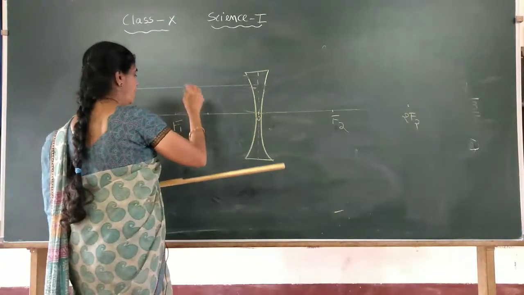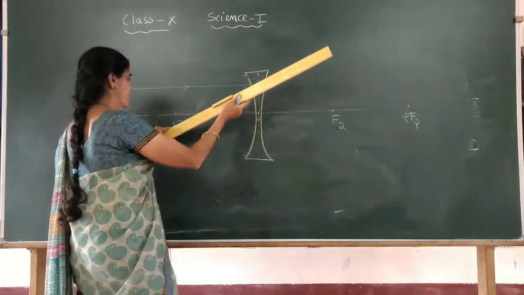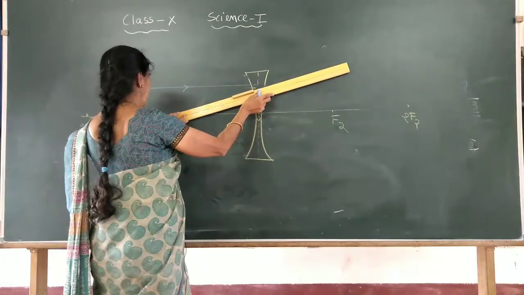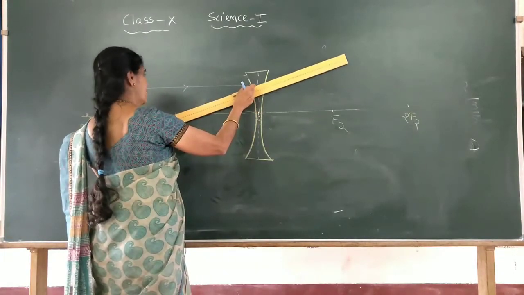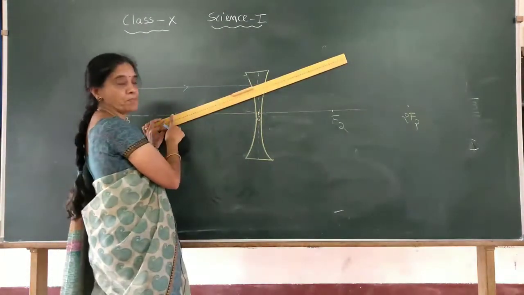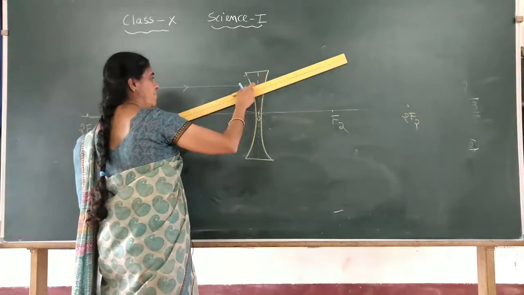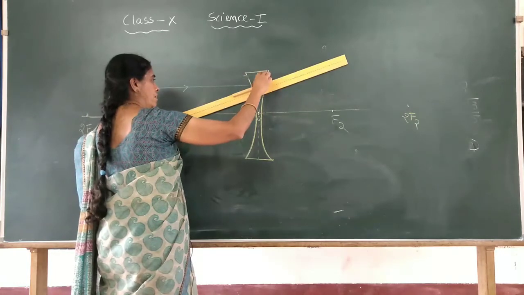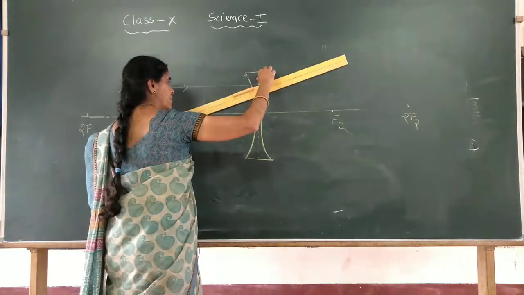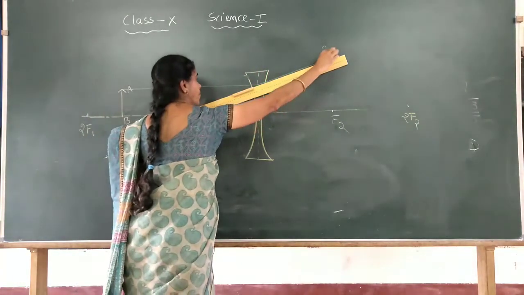You know that after refraction it diverges and it appears to be coming from the principal focus, and it will move away from the principal axis. So in this manner it goes after refraction.